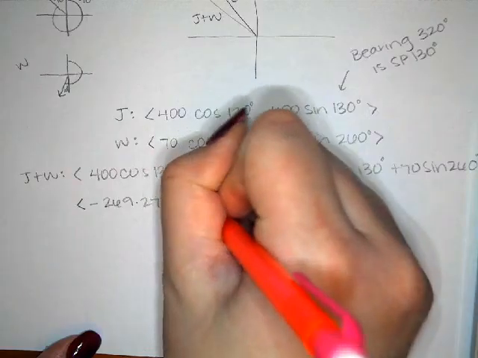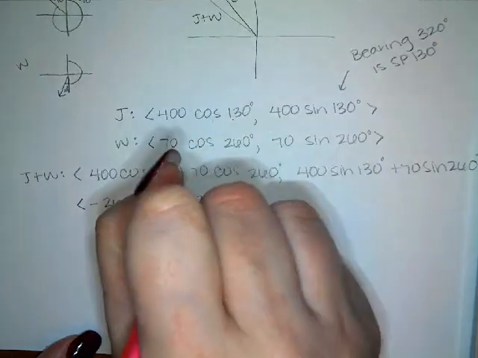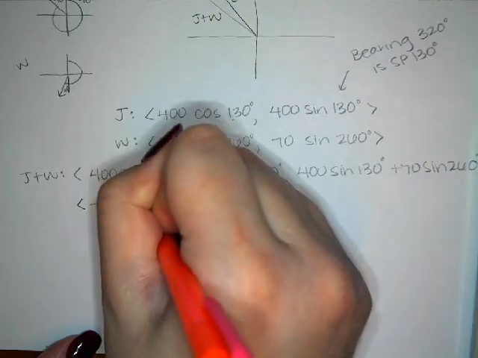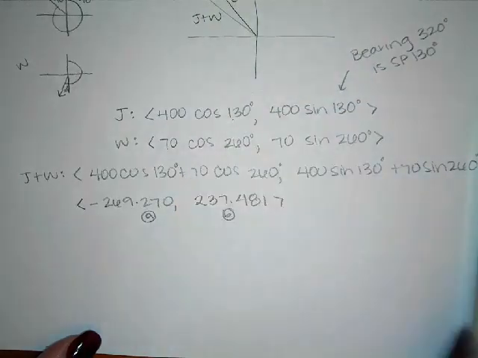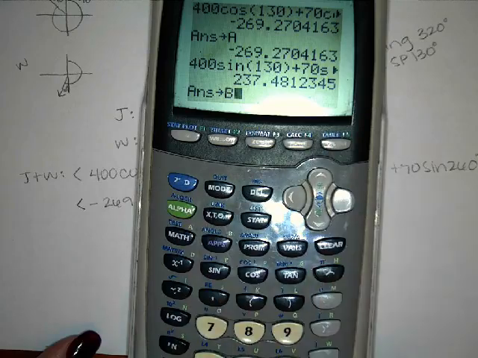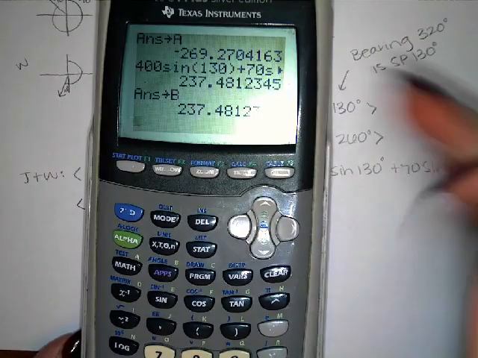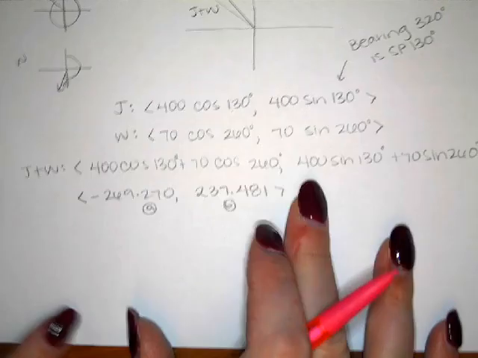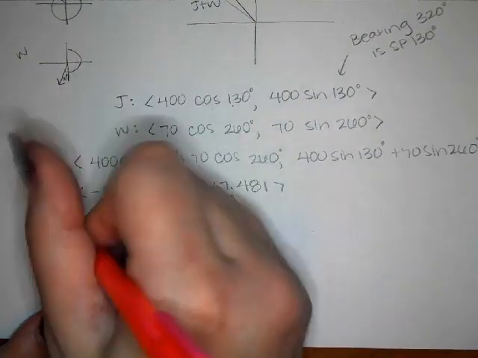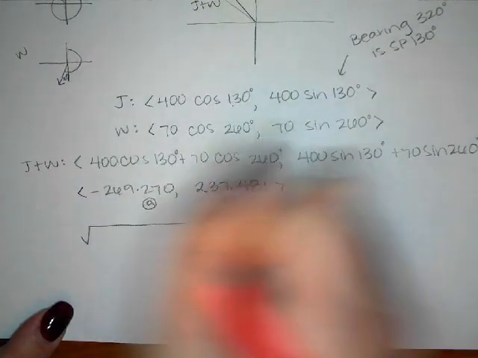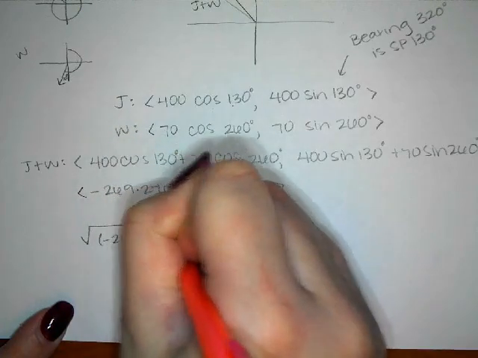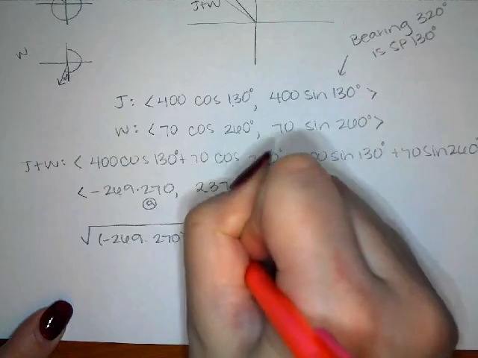I've got both of those decimals stored. Now I need to go ahead and find the magnitude. 359.032.